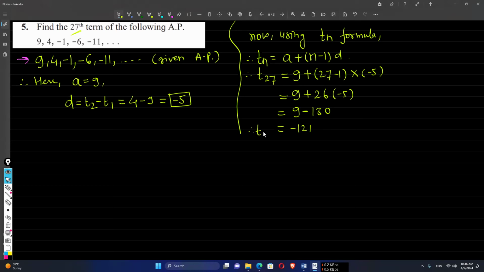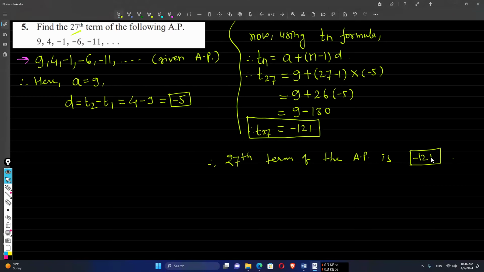Therefore, T27 is 121, which is negative. Therefore, the 27th term of the arithmetic progression is negative 121. And that's it. Okay, I hope you're getting these points.